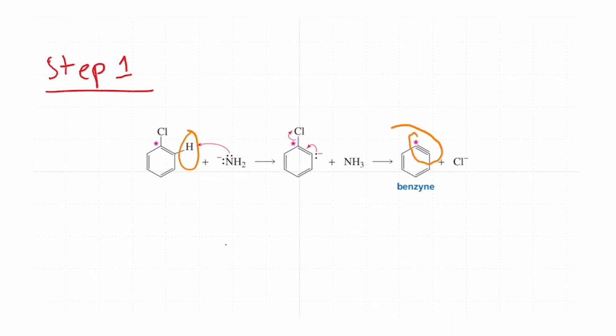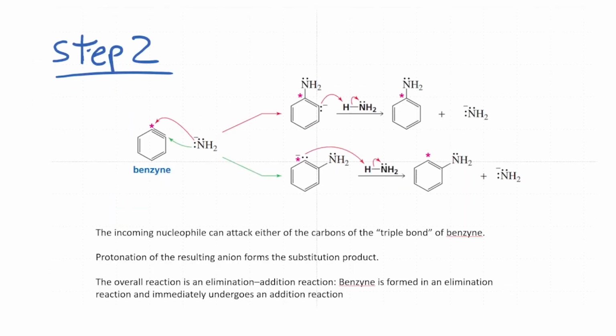Okay, so I'm just going to redraw this here. So what we are suggesting is that the label is actually on this carbon. Okay, so now in the next step, which we are all quite familiar with, the amide attacks the benzyne.